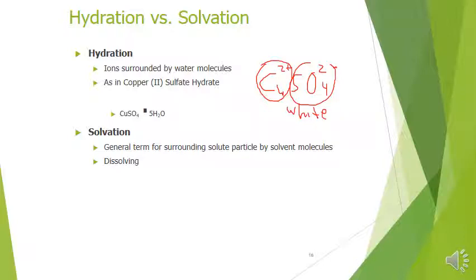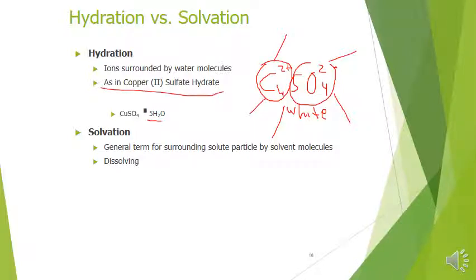But if you leave it out in the air, and air has water in it, just a small degree, it will attract water molecules. And there will be 5 water molecules attached to every copper sulfate.